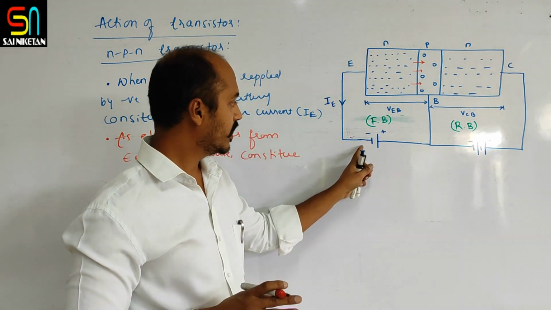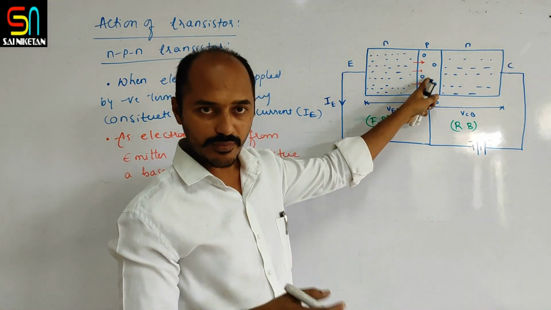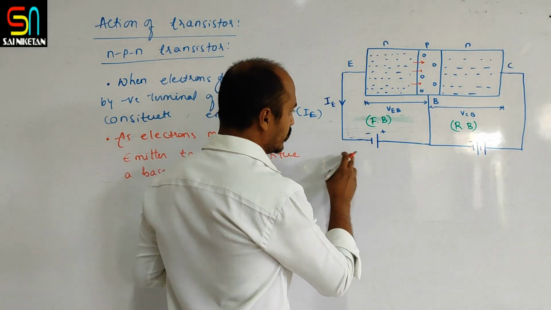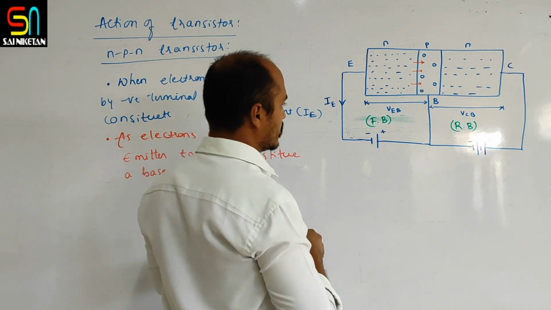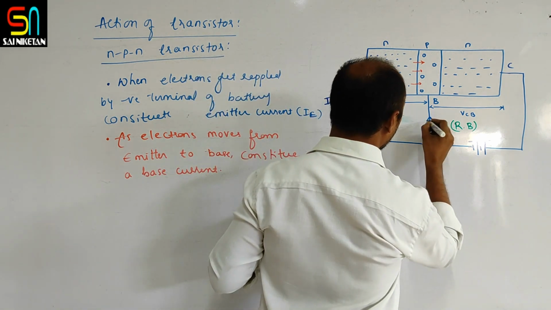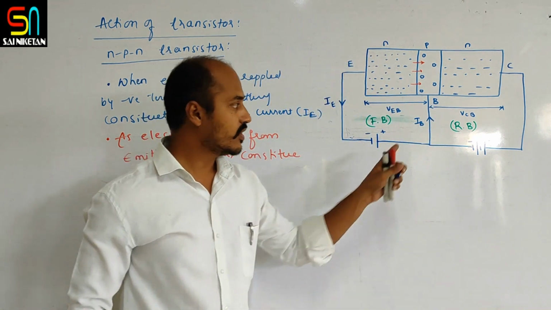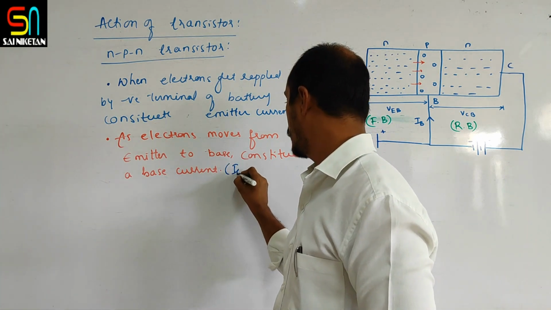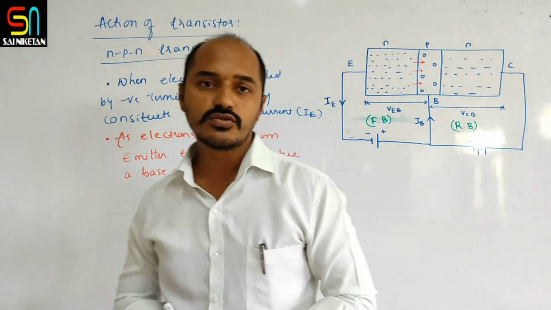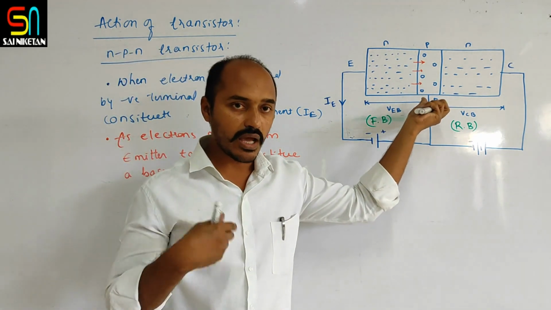So here electrons are repelled and holes get absorbed, and here you can say the conventional direction of the current is in this direction, IB, from positive to negative. So it is the base current, which is driven by IE. Right? So now here only 5% of electrons get absorbed.